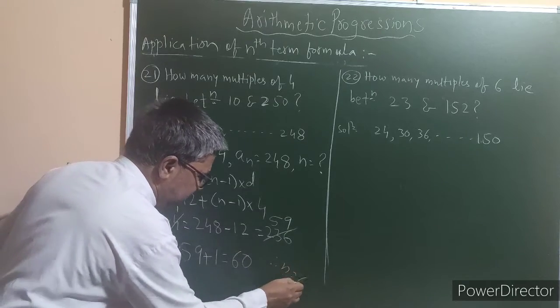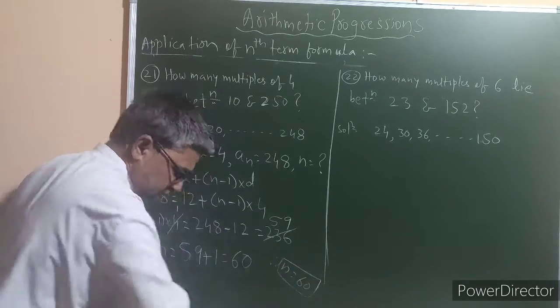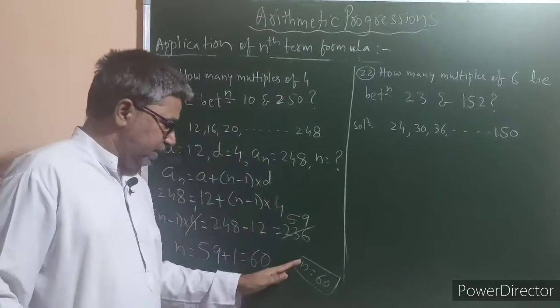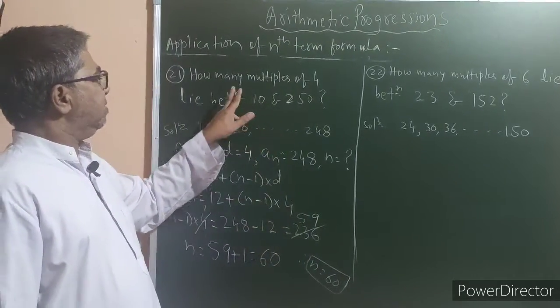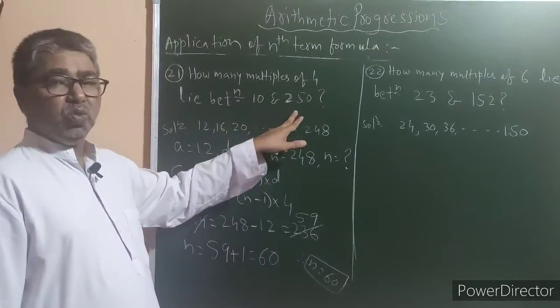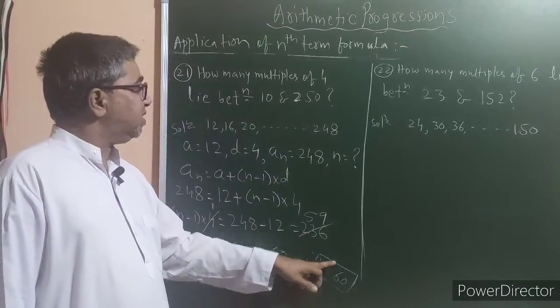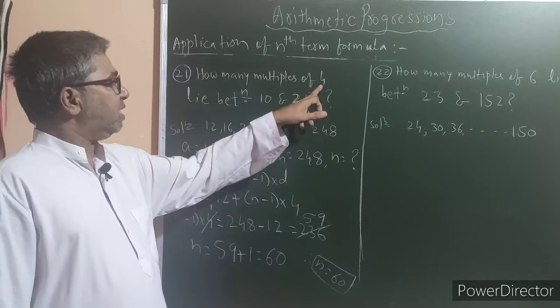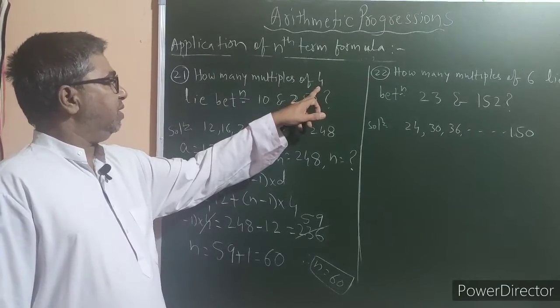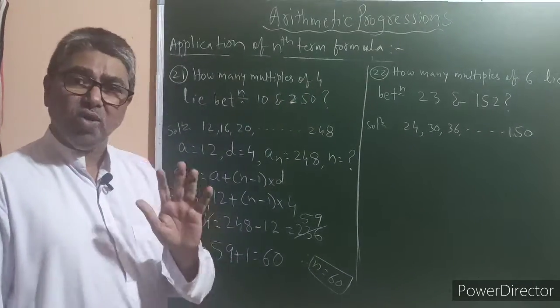So hence in this particular example the value of n is 60. It means that between 10 and 250 there are 60 numbers which are multiples of 4.